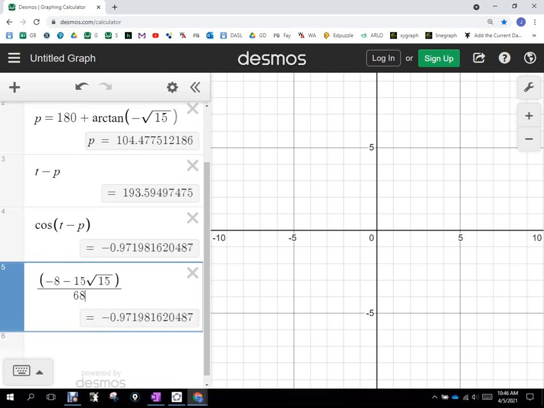So if we want to check to see if this number is correct, we can use our knowledge about the sine inverse, cosine inverse, tangent inverse to actually find T and P, to actually find theta and phi from the ratios that they gave us. And then ask Desmos to actually calculate cosine, sine of their difference or sum, whatever it's asking for, and see if that equates to the exact value that we found.